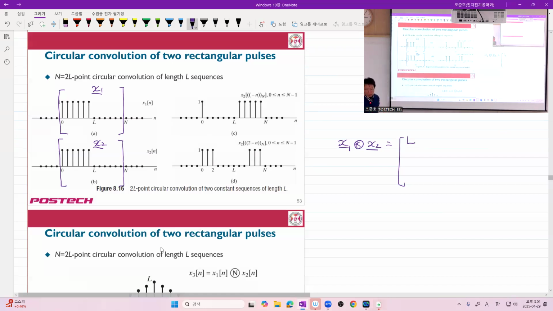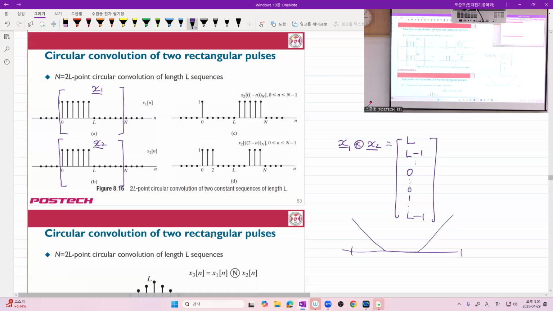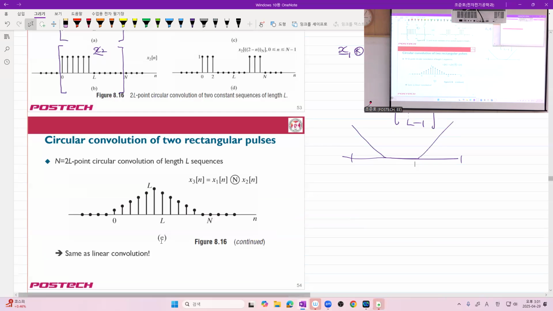So you have L minus 1. And eventually you have zeros, and the value goes up again. Something like this eventually.